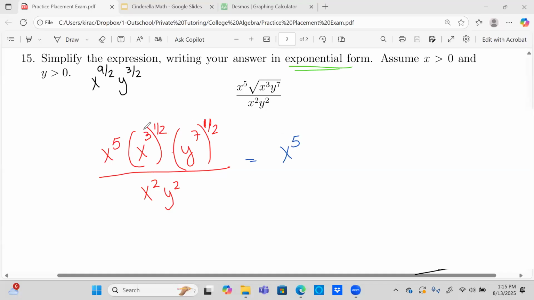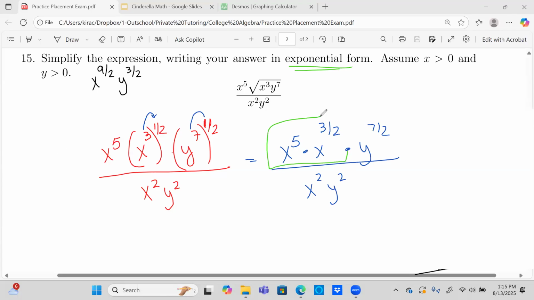Okay, so working out the top, that's still x to the 5th. You multiply, because that's the rule, power to a power. So that would be 3 halves. Multiply, that would be 7 halves. And then the bottom's fine. On the top, we're going to add these together. That's 5 plus 3 halves. Well, 5 is 10 halves, right? 10 divided by 2, that's 5, plus 3 halves.